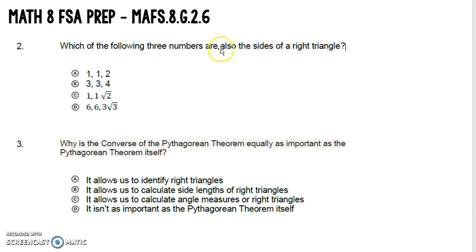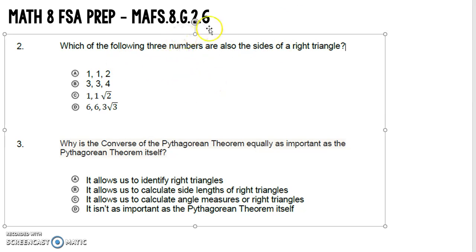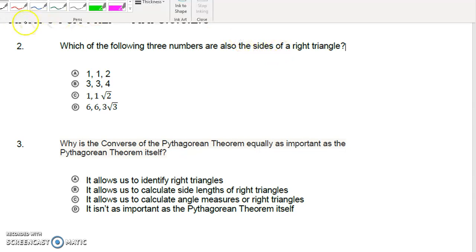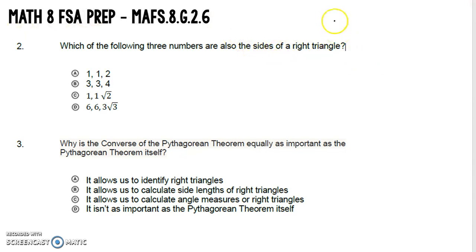Number 2 says, which of the following sets of numbers are also the sides of a right triangle? Well, in order to be a right triangle, a squared plus b squared equals c squared. And I know what you're thinking, well, how do I know which one's a, which one's b, which one's c?